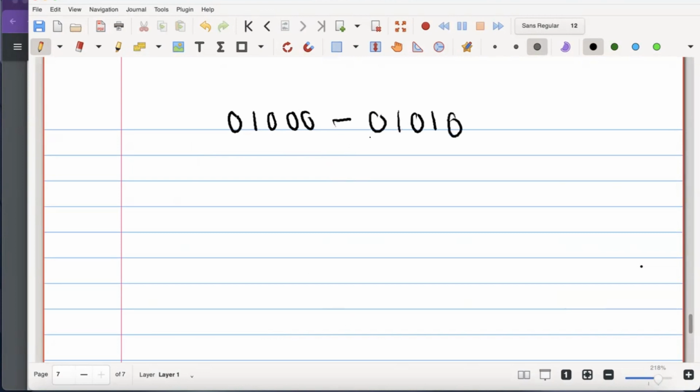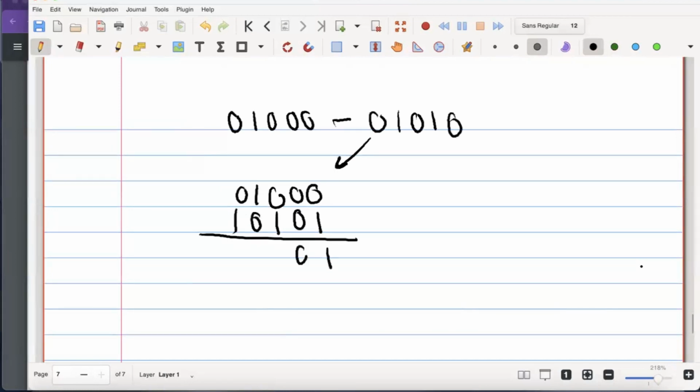If you take just the ones complement, then it's going to be 1, 0, 1, 0, 1. This is just a wrong answer.